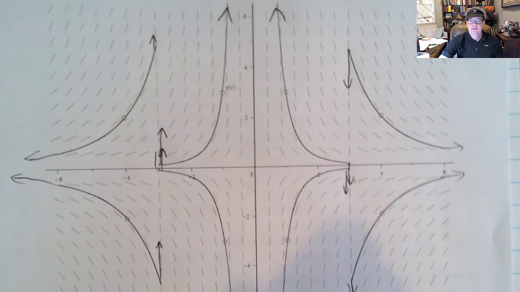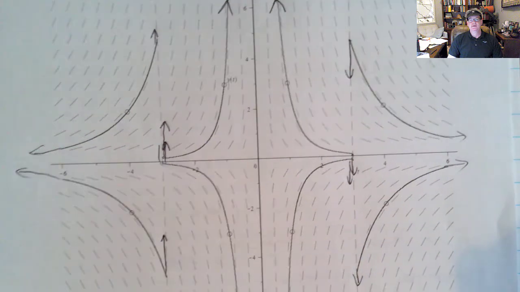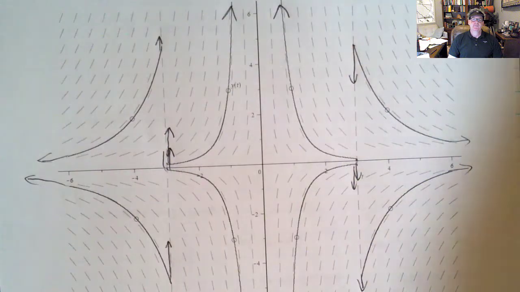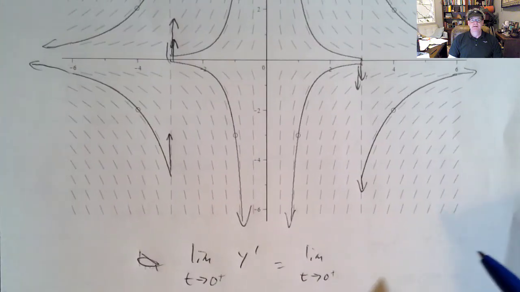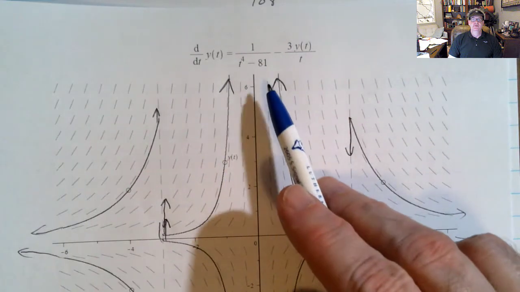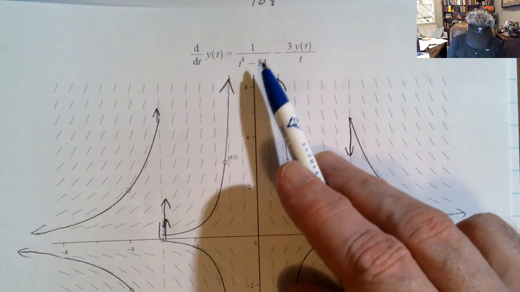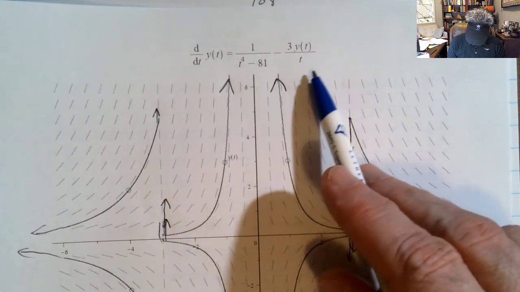As t goes to 0, this goes to negative 1 over 81, which is just fixed. But this has a y, so it's negative 1 over 81 minus 3y over t.